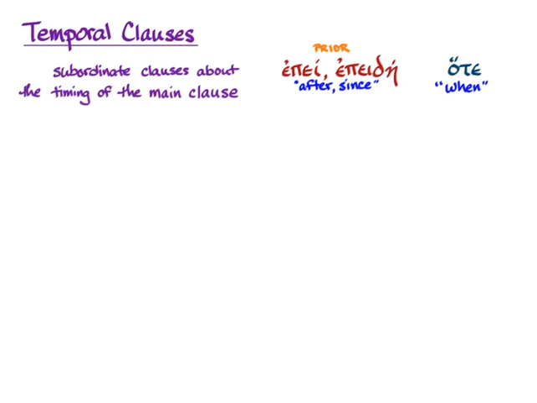And hote lets you talk about things that happen simultaneous with the main clause. So when this is going on, that stuff is happening at the same time as the main clause. So one of the things we'll be thinking about here is the timing of the temporal clause itself, prior or simultaneous action.